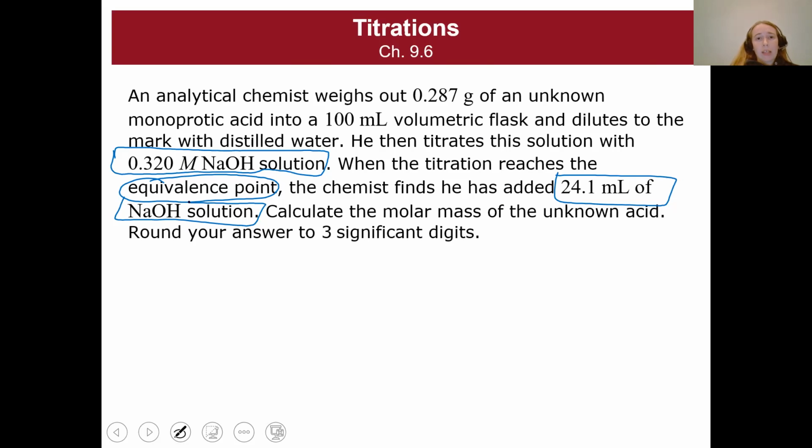So when we have equal amounts, so again, we're looking for equal numbers of moles of our, or at least stoichiometric amounts of our sodium hydroxide and our unknown acid. I shouldn't have said equal.